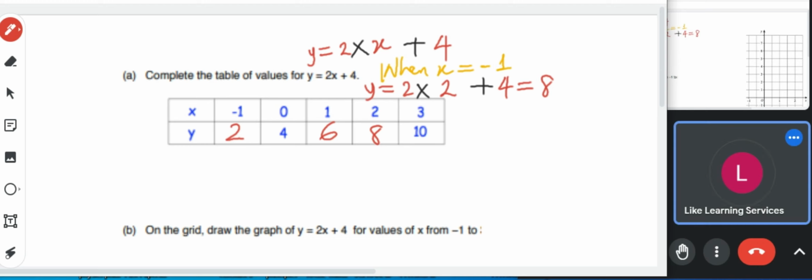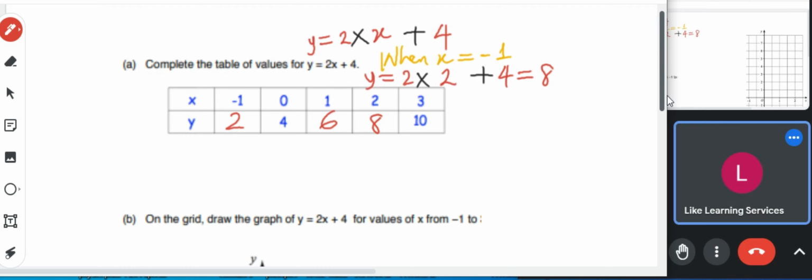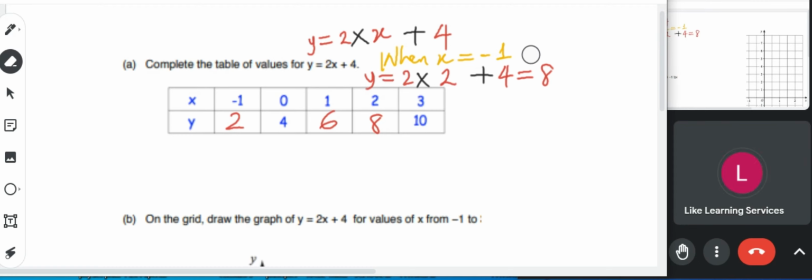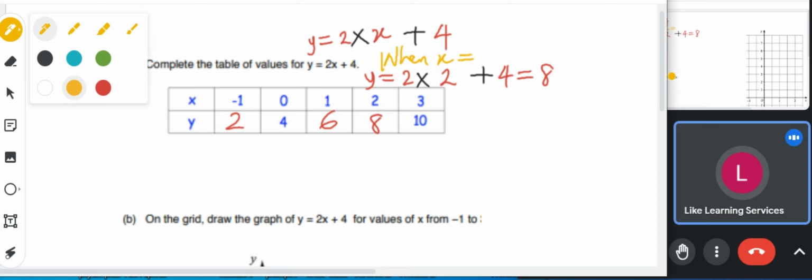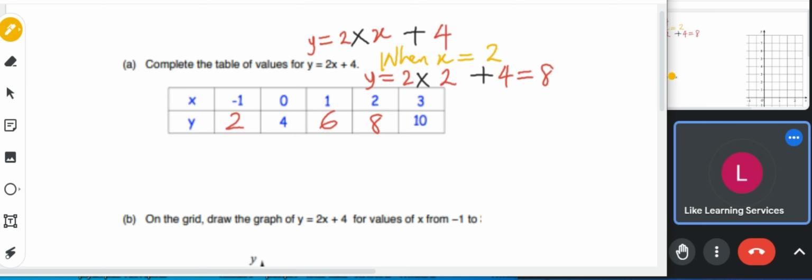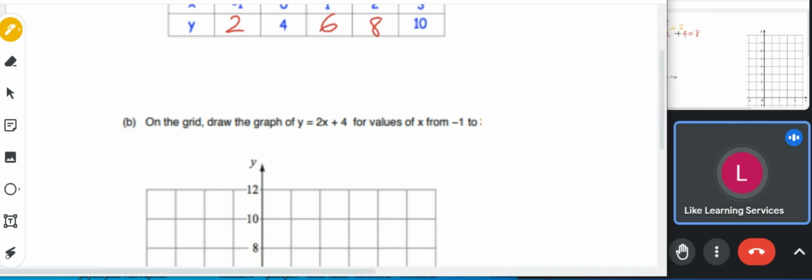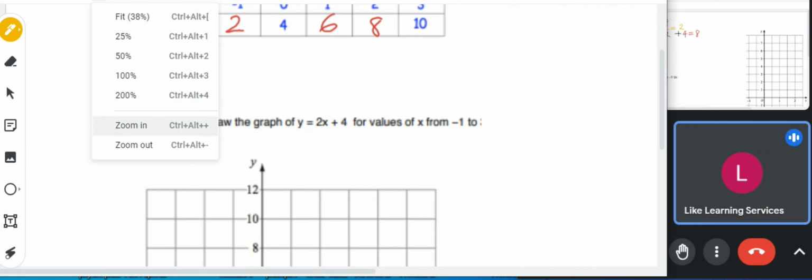So now you can begin to plot. That's the one we worked with now, the final one. Let's plot in these values.